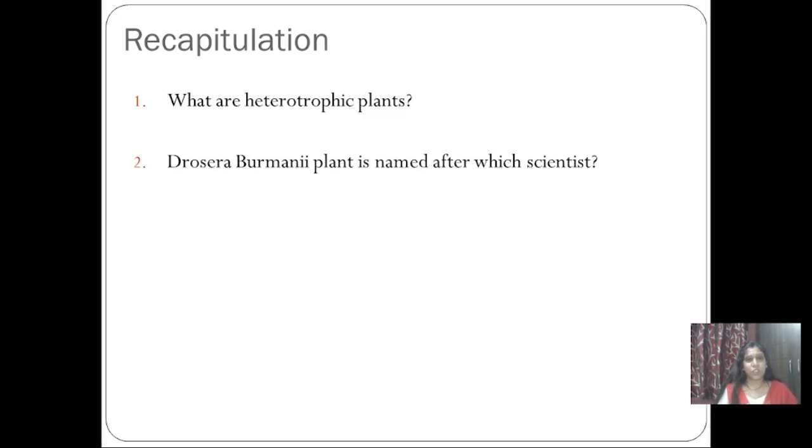The second question: the Drosera burmannii plant is named after which scientist? I hope you all remember this. The plant is named after the scientist called Johannes Burman, because he discovered the plant.